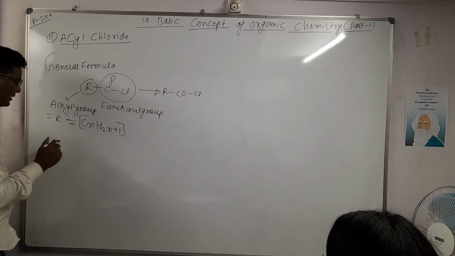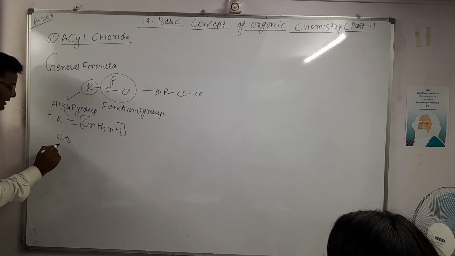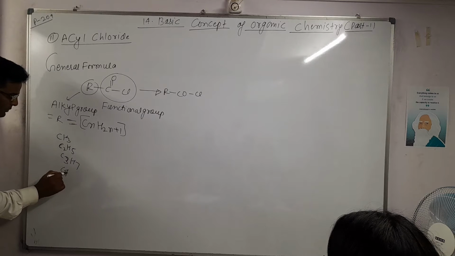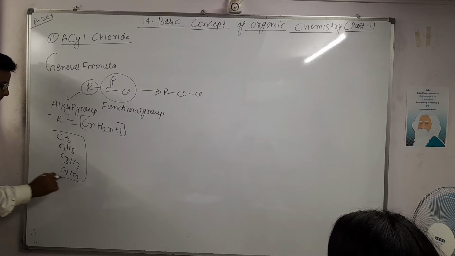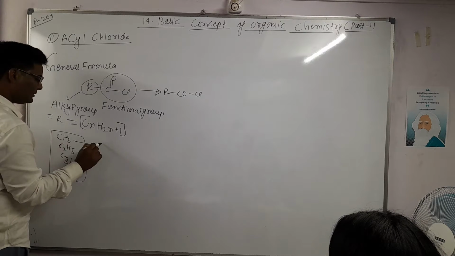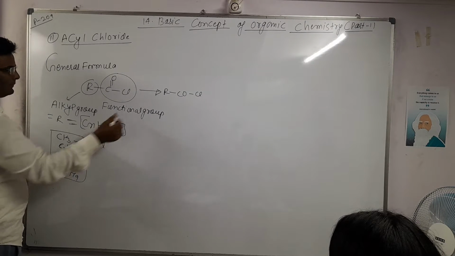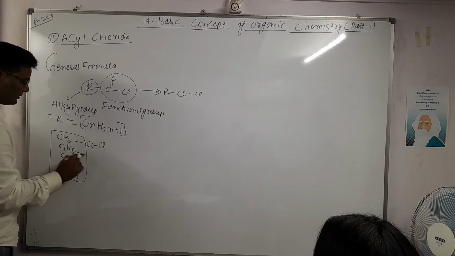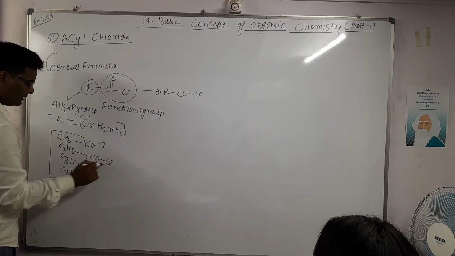ठीक है। तो R क्या होगा यहाँ पे? मिथाइल हो सकता है, इथाइल हो सकता है, C2H5 हो सकता है. Next one is C3H7, C4H9. ठीक है. सो यहाँ पे क्या आएगा? Cl. Cl के पहले क्या है? CO. So I will add here CO. Next will be COCl.